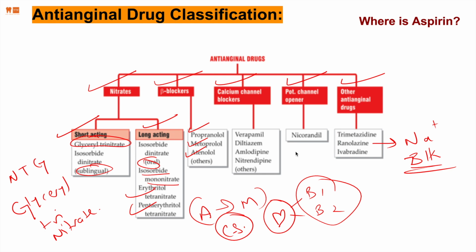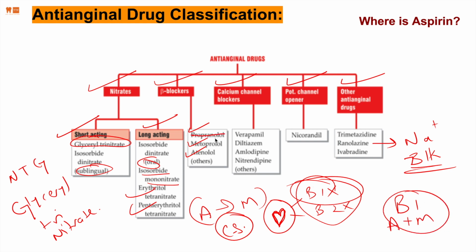My answer would be cardioselective beta blockers only, because we want just the heart to be relaxed, nothing else, not non-selective, right? We don't want the lungs affected. So we would want beta 1 to be affected only. Beta 1 is affected by atenolol and metoprolol. Therefore, I would not choose propranolol as the drug of choice under beta blockers.